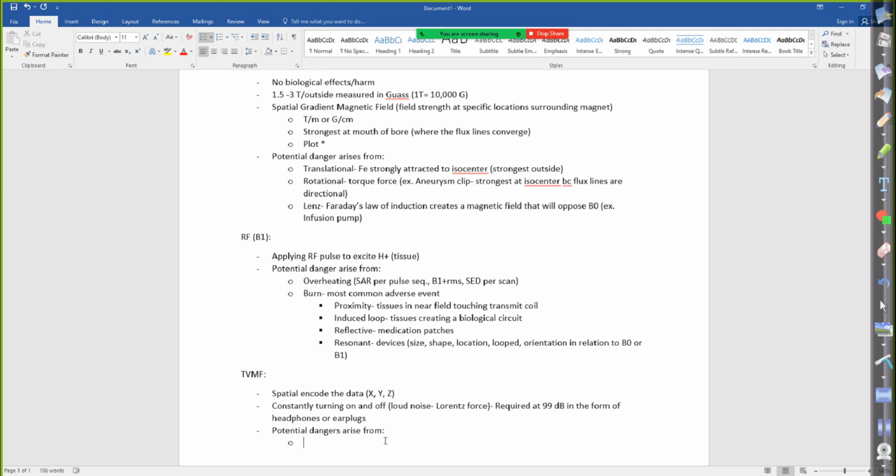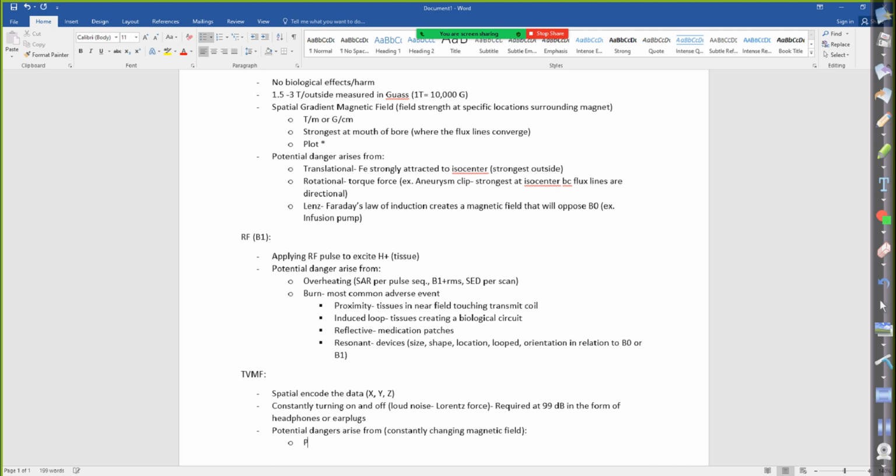That's what time varying means, constantly changing. The magnetic field's not in the range of Tesla, it's way less, but it's still a changing magnetic field. So what are the dangers? Obviously loud noises. We hit that one already, but what are the other two?